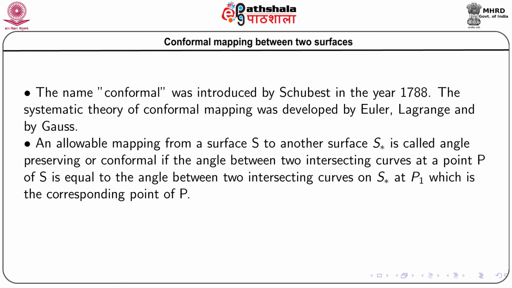An allowable mapping from a surface S to another surface S star is called angle preserving or conformal if the angle between two intersecting curves at a point P of S is equal to the angle between two intersecting curves on S star at P1, which is the corresponding point of P. So, this is the definition of the conformal mapping, which preserves the angle from one surface or one space to another space.